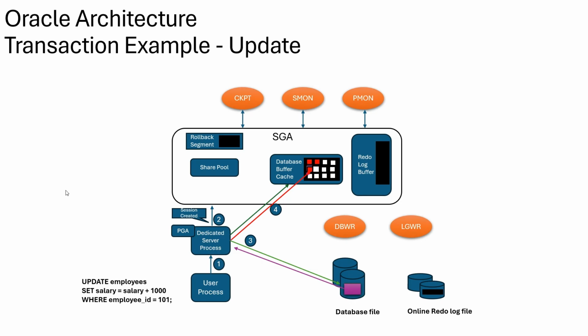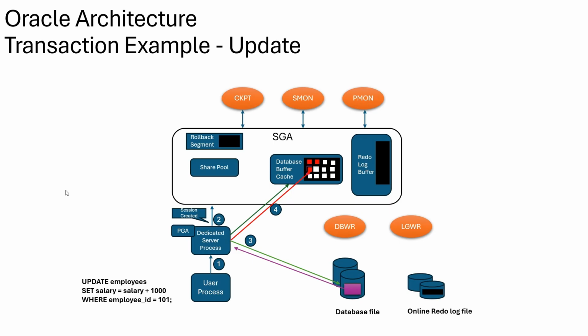In the buffer cache, the current state of the data block is a dirty block, which means a modification happened, but those modified data blocks were not written into the data file. So far we have not written those data blocks to the data file.